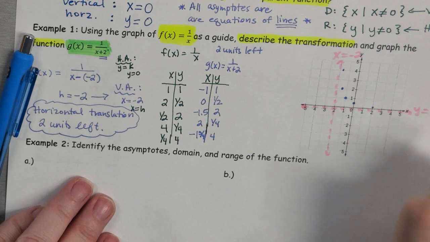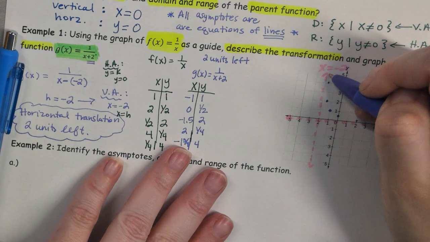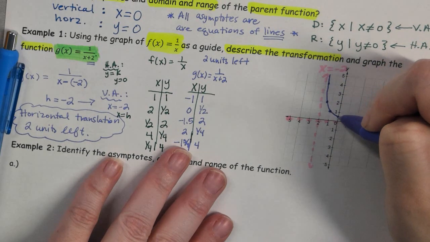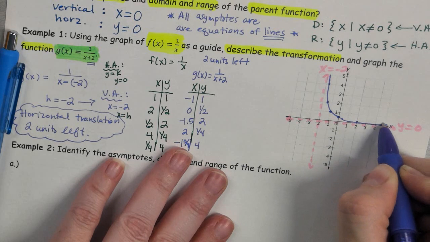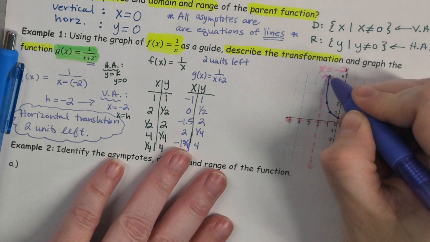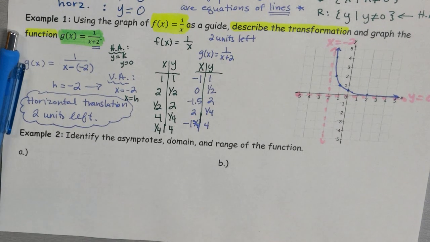So when you are graphing this branch, keep in mind that it's going to follow this line and it's going to follow this line. So all the values are getting closer and closer here and closer here. Okay, so that's one branch.